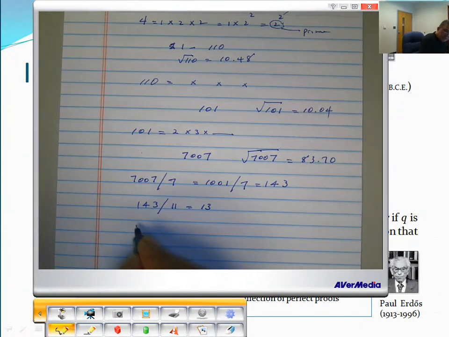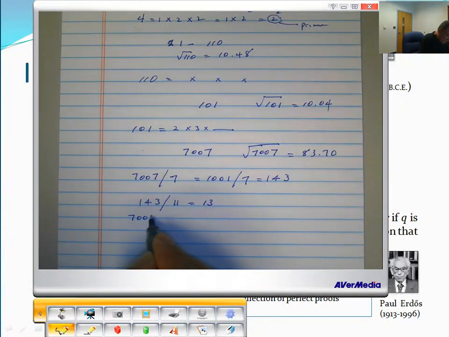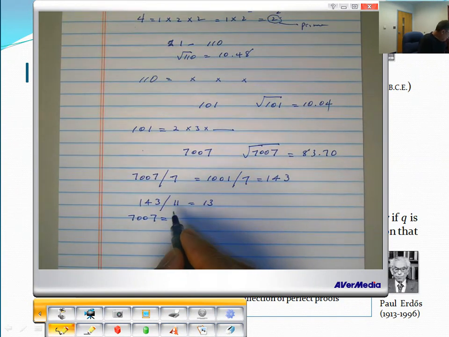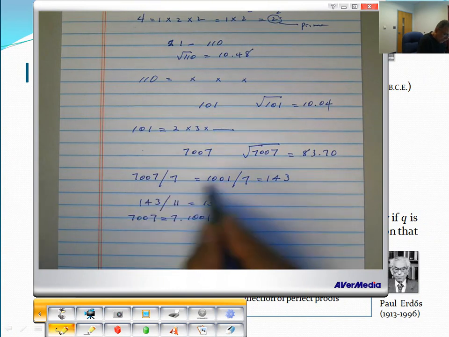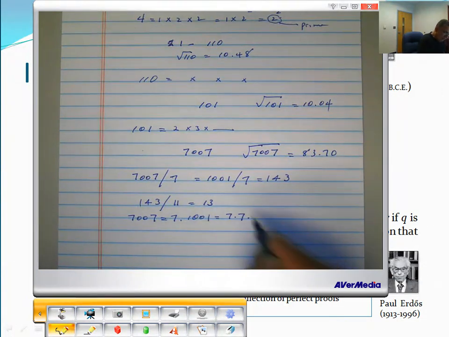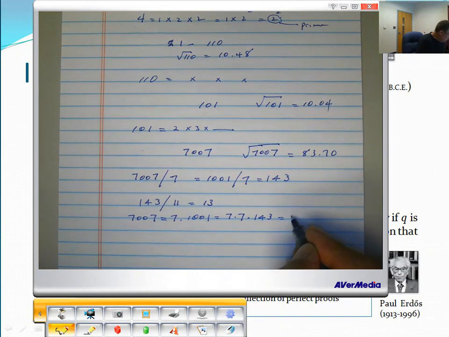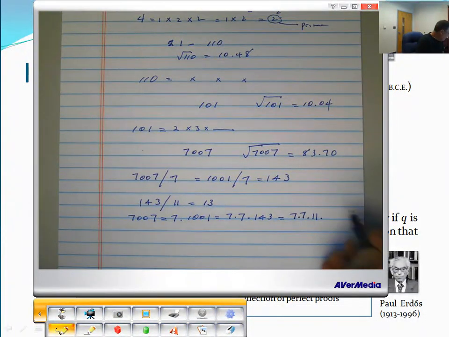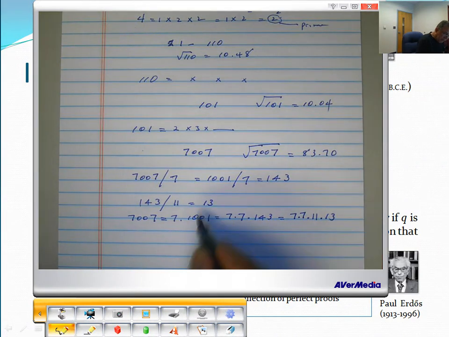So I say 7007 is equal to 7 times 1001, which I got from here, and which is equal to 7 times 7 times 143, and 143 is divided by 11, which just gave me 13.